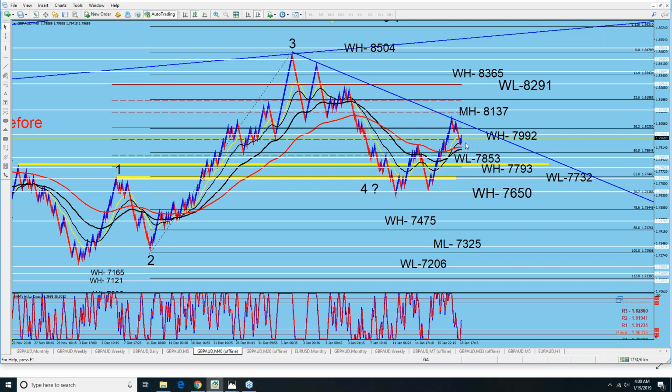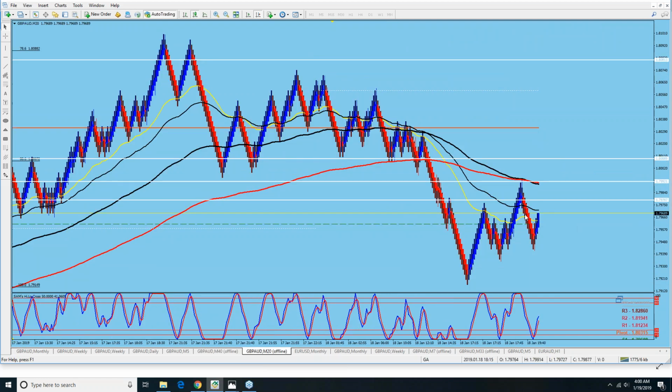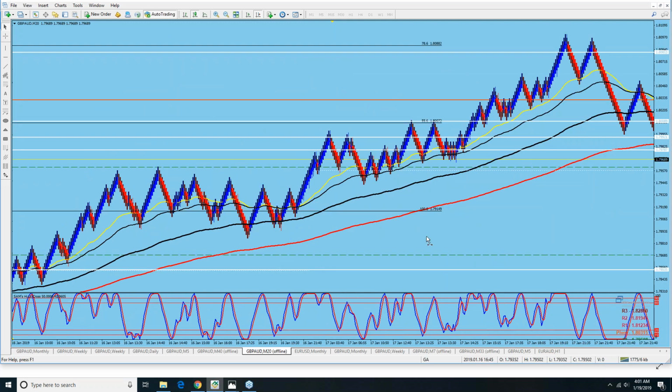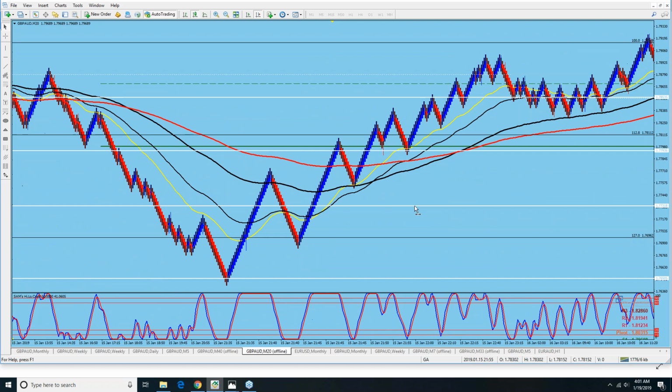And when the market opens up, if it starts to go up, and if we break 79.92 and go to the upside, then I will find a setup, and this price will go above this wave, this red line, the whole thing. It will do the same thing as it did here.